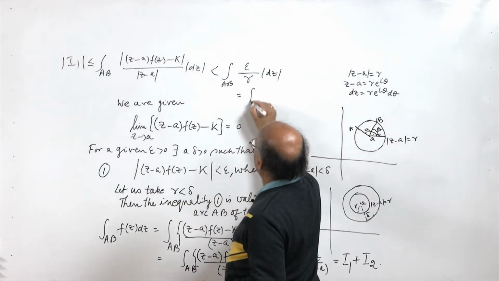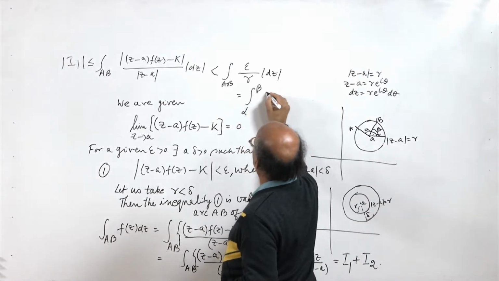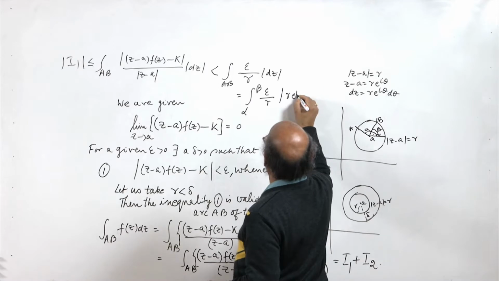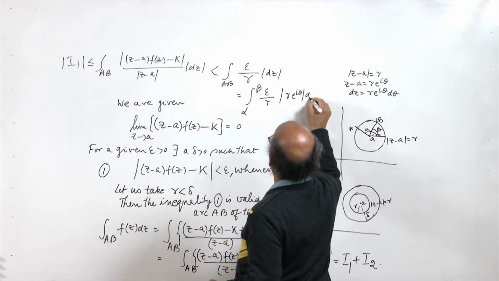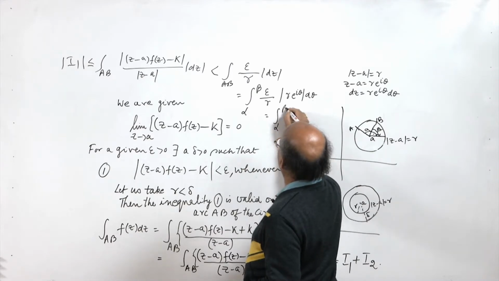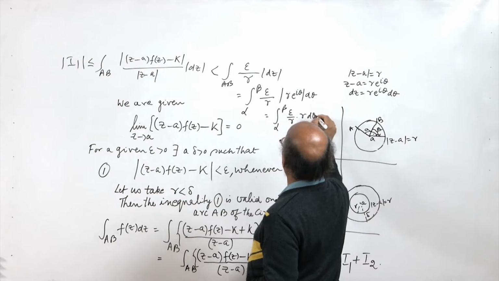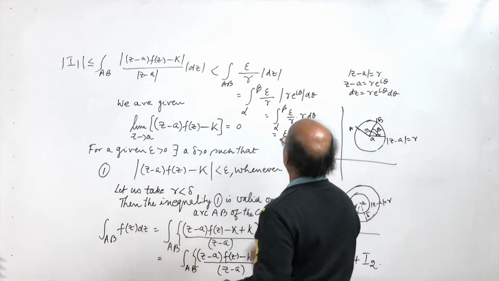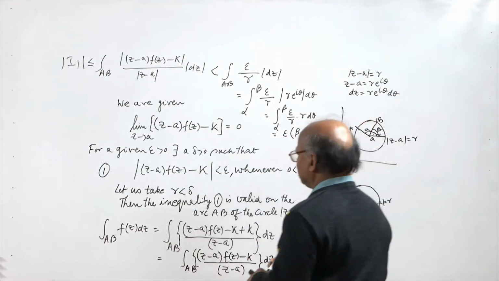So, this is the integral alpha to beta of epsilon over r into mod of r e to the power i theta d theta, which is the integral alpha to beta of epsilon over r into r d theta, which is equal to epsilon times (beta minus alpha).